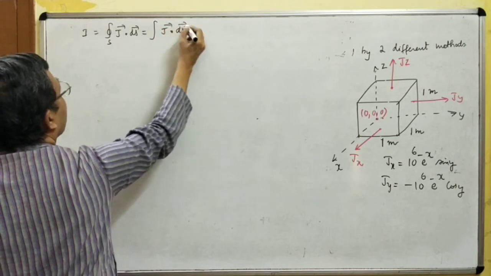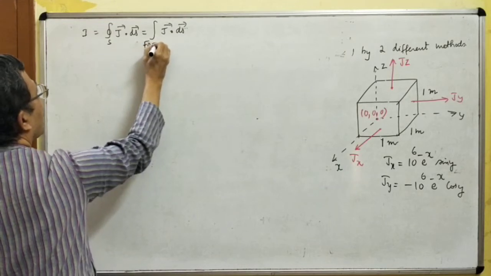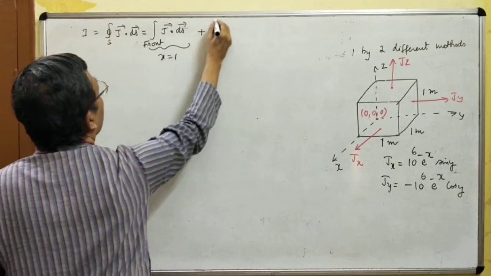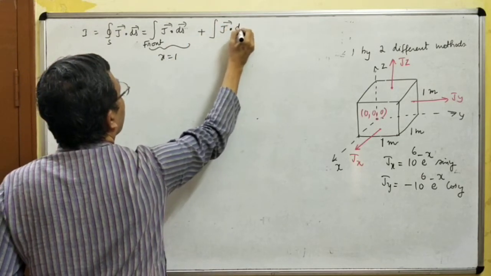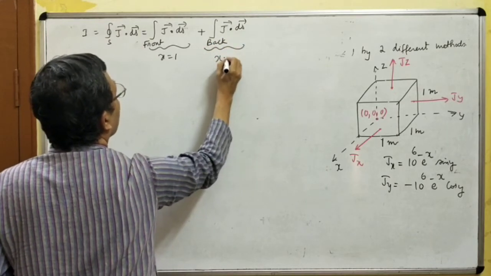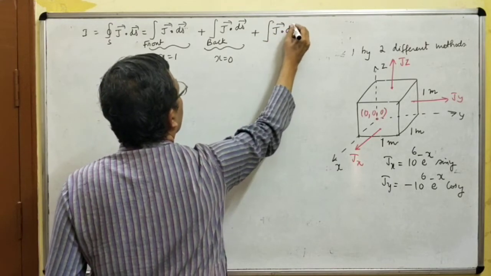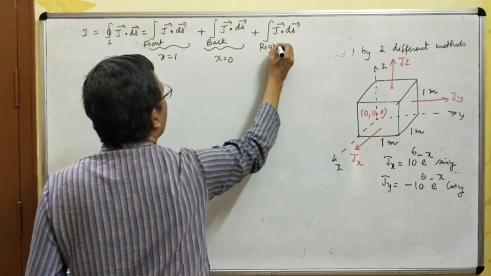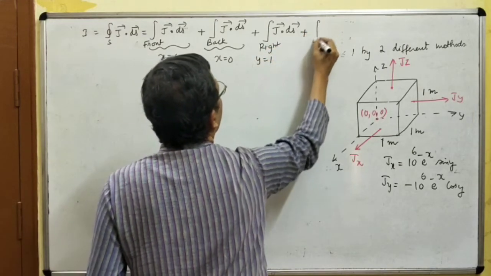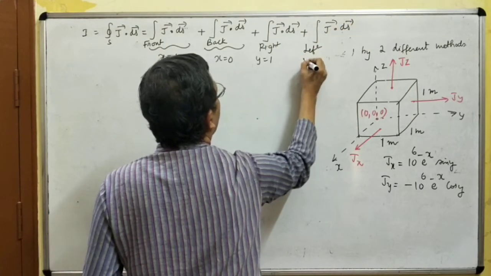Vector J dot dS for the front face, which is at x equal to 1, plus integral vector J dot dS for the back face, which is at x equal to 0, plus integral J dot dS for the right face, at y equal to 1, plus integral vector J dot dS for the left face, at y equal to 0.